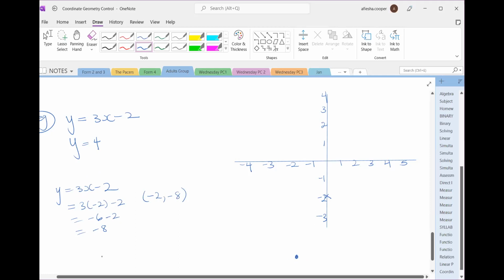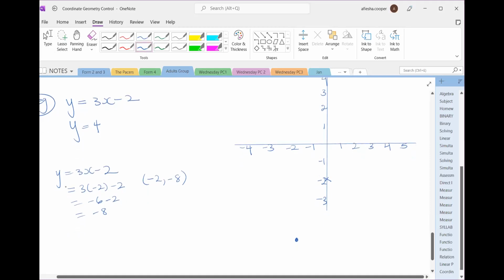So let's try another point. Everyone pick a point quickly. Let's draw this line, please. What about 2? All right, so 3 by 2 minus 2.